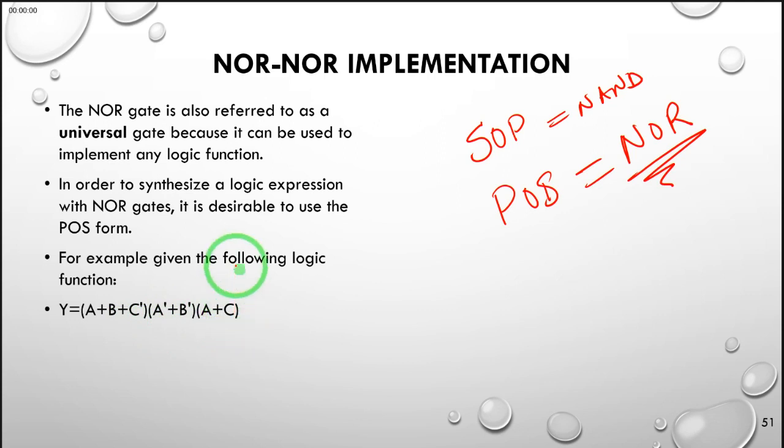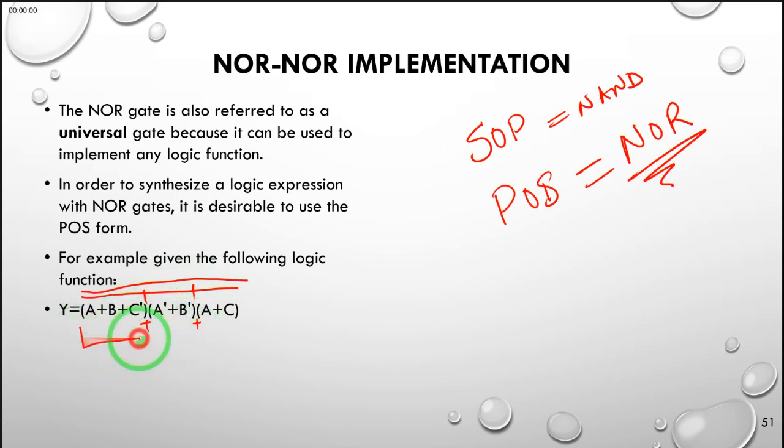So if you are to do that expression using the NOR operation, again, the best way is to introduce double bars. I'm going straight to the point, and then break this line, change the sign, becomes OR. Break this line, change the sign, becomes OR.